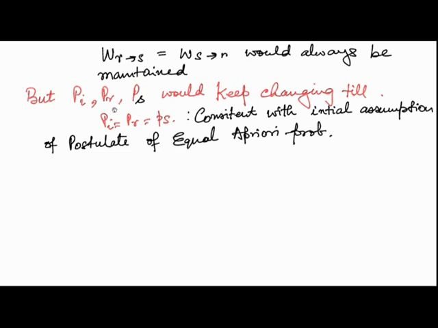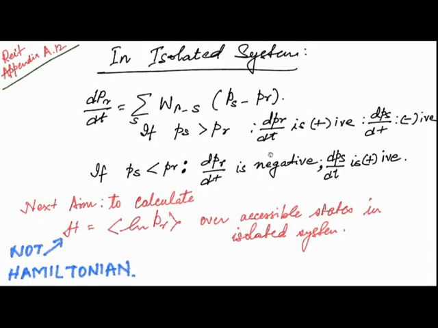The flow of probability means there will be a net movement of systems from R to S, so that the number of systems in state S increases, right? And it will go on till all the probabilities become equal, and then it will become consistent with the initial assumption or postulate of equal a priori probability.